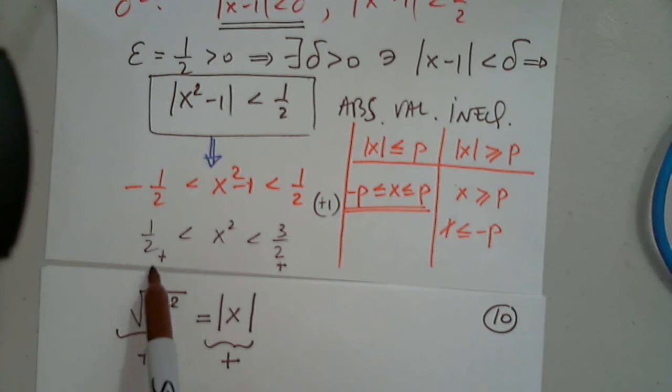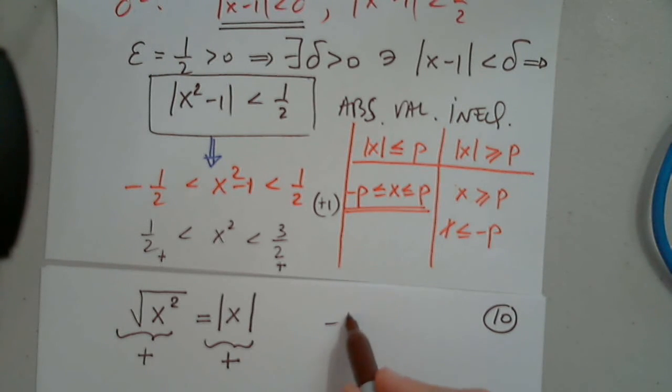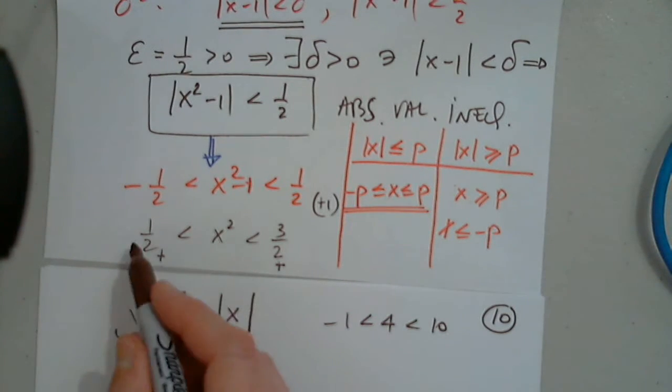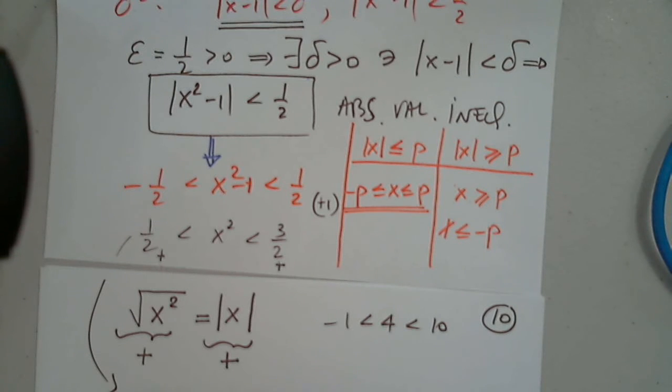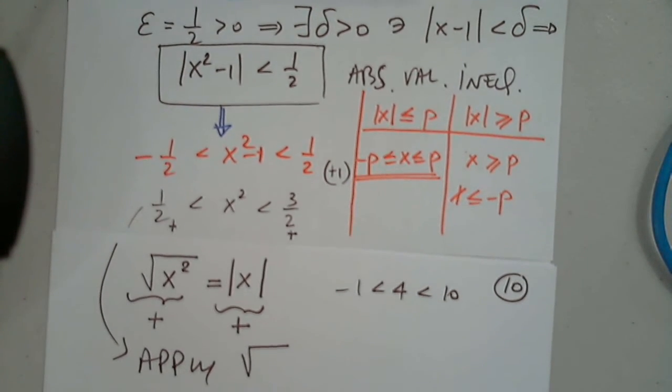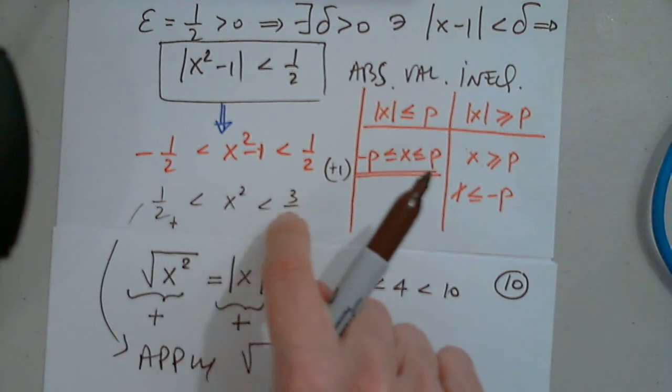This is allowed only when I know that all of them are positive. Because if I have negative 1, less than 4, and less than 10, I cannot take the square root because this is not positive. So we apply square root to all three sides because they are all positive.